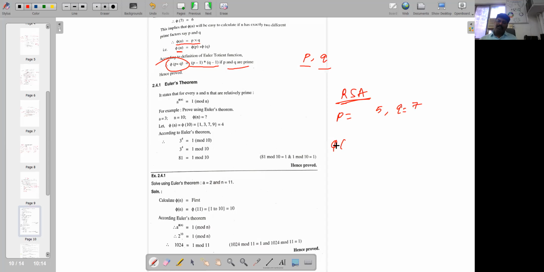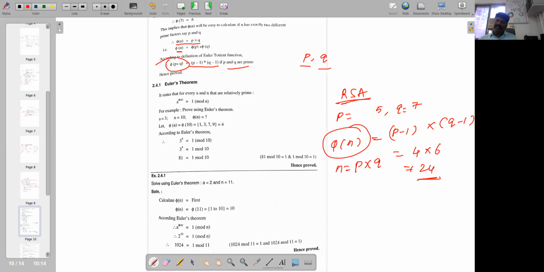And if I want phi of n, where n is equal to p multiplied by q, this phi of n value can be calculated as p minus 1 multiplied by q minus 1, which is 4 into 6, so 24. So phi of n for these two given prime numbers 5 and 7 is 24.